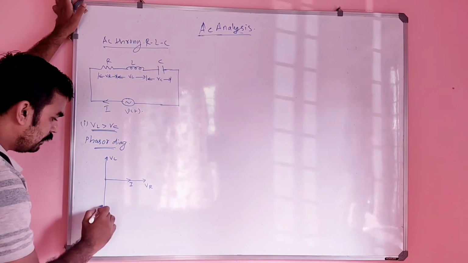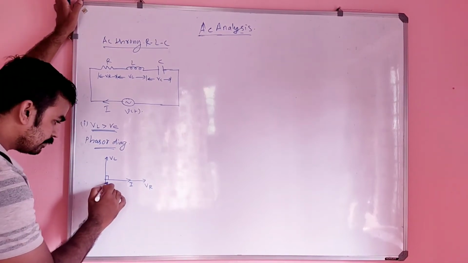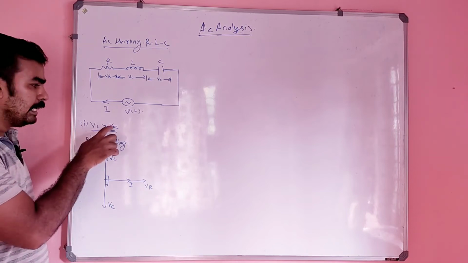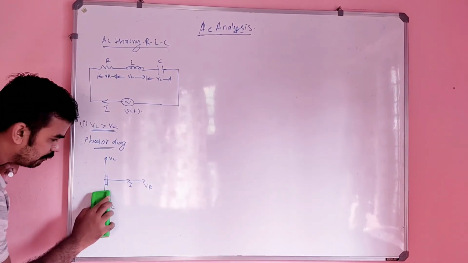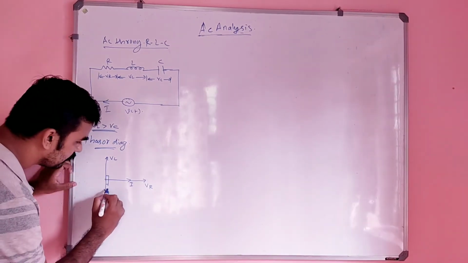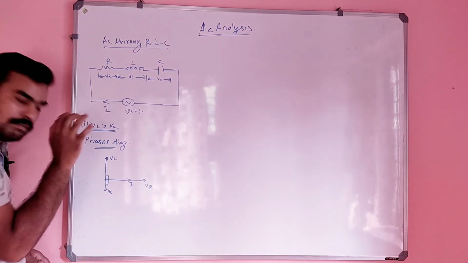And for an RC circuit, we know that this is VC. Is it correct? It is mentioned that VL greater than VC means the length of this VL vector will be higher than that of the VC vector.